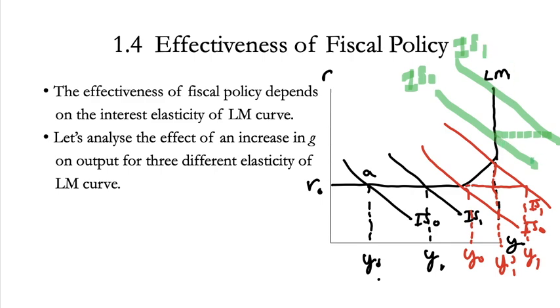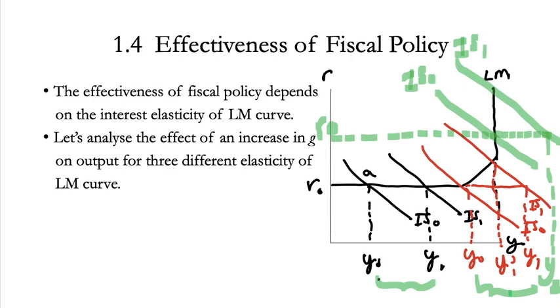You can see here, if the interest rate is allowed to be constant, let's say R0 green, then output increases from y1 prime to y2, the same distance as red y0 and y1.